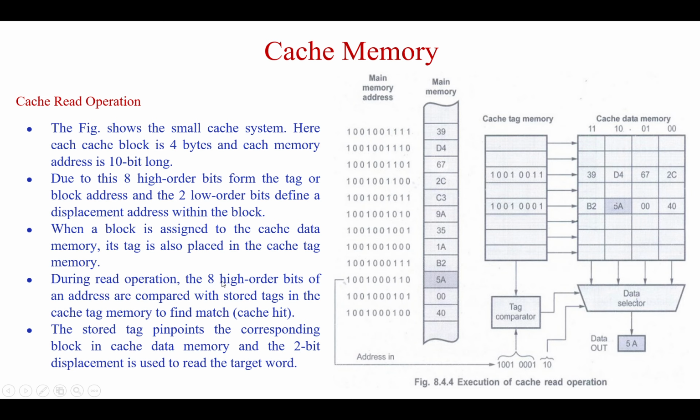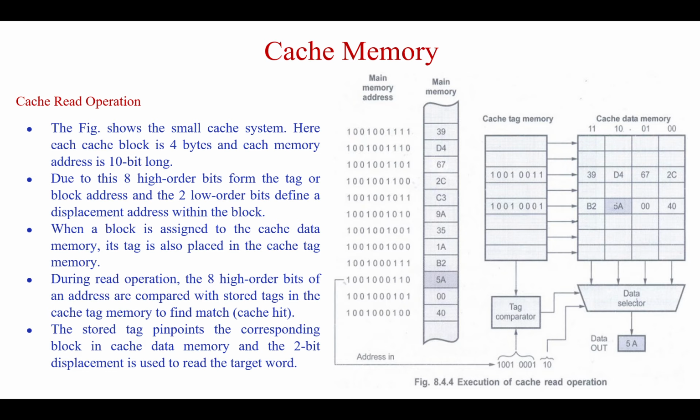The higher order 8 bits of an address are compared with the stored data tag. For example, I need to know the content at 1001 1000. We need to check first whether that content is already available in the cache memory or not.